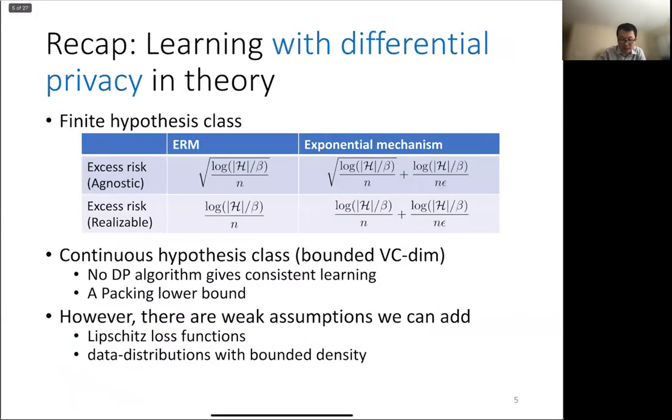With that said, in the last lecture we talked about how learning could happen and how to analyze learning algorithms and differentially private learning algorithms under the assumption that the hypothesis class is finite, that is, it has finite cardinality. Using Hoeffding's inequality and a union bound argument, we showed that the empirical risk minimizer, which finds the h that minimizes empirical risk, achieves an excess risk.